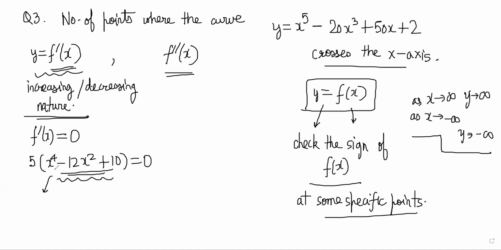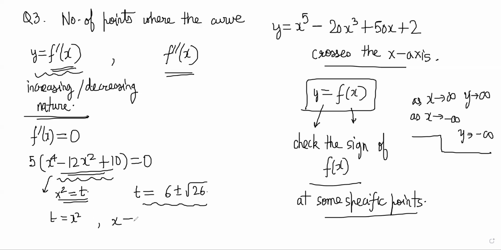So a simple way to solve this is to take x square as t and solve for a quadratic in t, right? Yes, sir. Your t will come out to be something like 6 plus minus root 26. So think about it, this t is positive in both the values. 6 minus root 26 is still positive. So technically both the values are positive and t was actually x square.